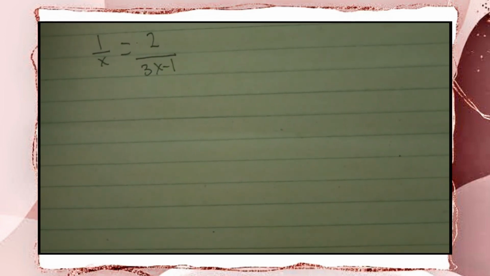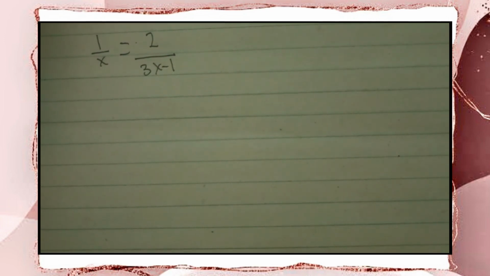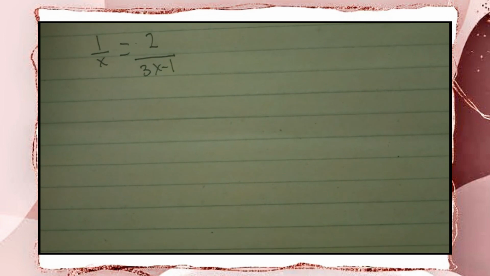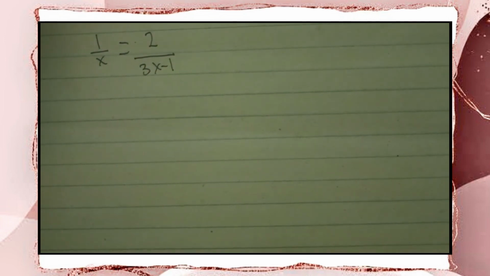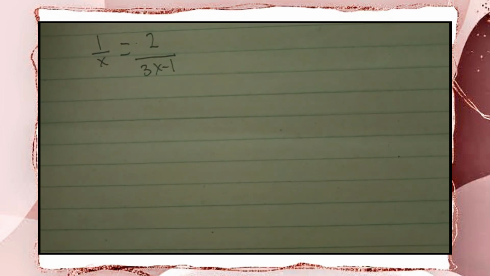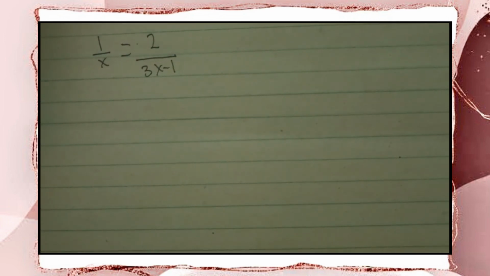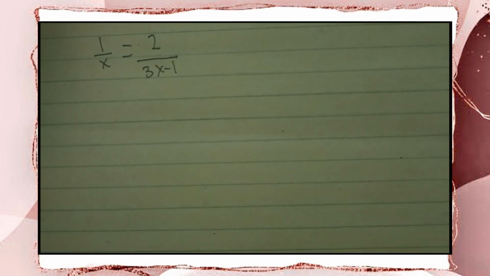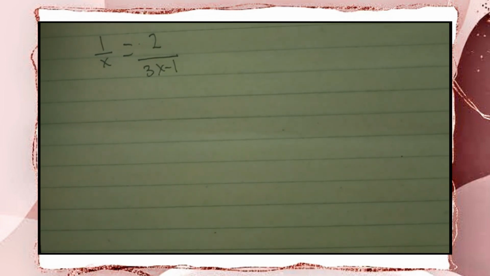Now, let's proceed in solving a rational equation. So, let's find the solution of rational equations. The given is 1 over x is equal to 2 over 3x minus 1. So, the first thing we will do to solve it is multiply. Since we're going to use cross multiplication, let's multiply 1 and 3x minus 1.